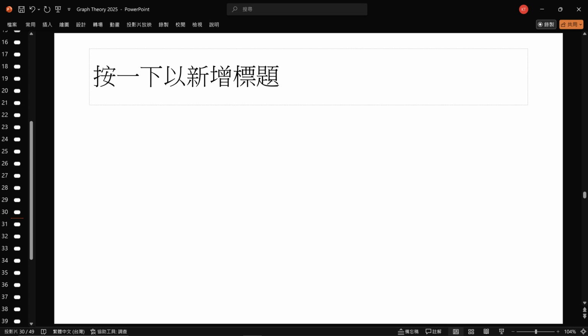So what's the problem with this bunch of ones? The intuition is that the total degree must be large enough, because the total degree is proportional to the number of edges.